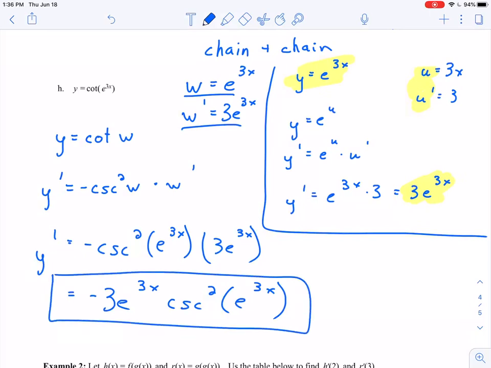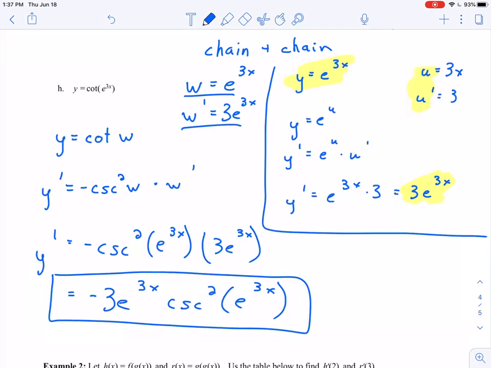So this one is by far, I think, the trickiest to see, and hopefully we'll have an opportunity in some later videos to look at some more double chain rule problems. I'm sure that there are at least one or two in the homework, so I would definitely recommend looking at those because I think that these are the trickiest to spot of all of the derivative rule combinations that we have, a chain rule inside of a chain rule.